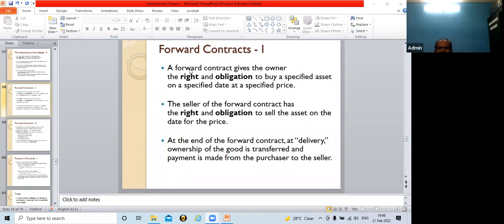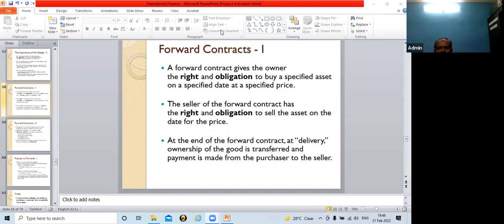Forward contract gives the owner the right and obligation to buy a specified asset on a specified date. So the owner gets right and obligation. He gets right and obligation to buy a specified asset on a specified date at a specified price. So there are 5 important things.